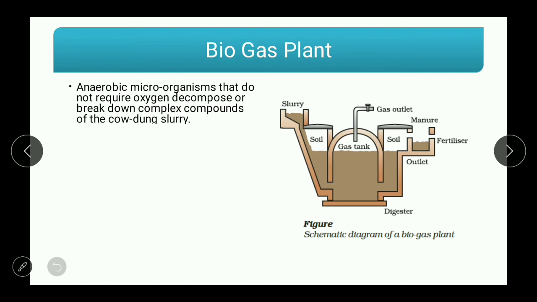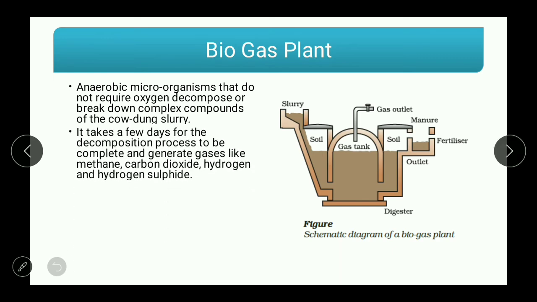Anaerobic microorganisms that do not require oxygen decompose or break down complex compounds of the cow dung slurry. So what do microorganisms do? These microorganisms decompose or break down complex compounds of cow dung slurry.